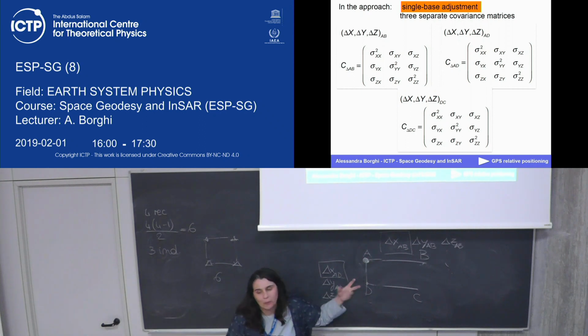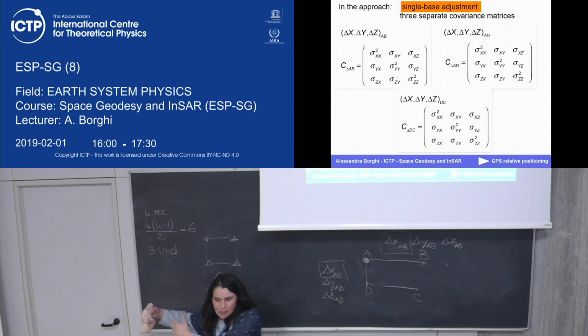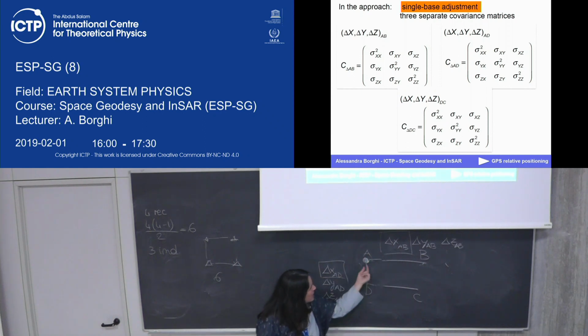So we need to combine these observations using another step of the least squares adjustment, least squares estimation, because we have two observations related to this coordinate. So we use least squares to compute the baseline components. From the double differences, we want to estimate the baseline components. When we obtain the baseline components, we want to estimate the coordinates. You understand? You can do this also in one step, but usually the single base adjustment does this in a single step.